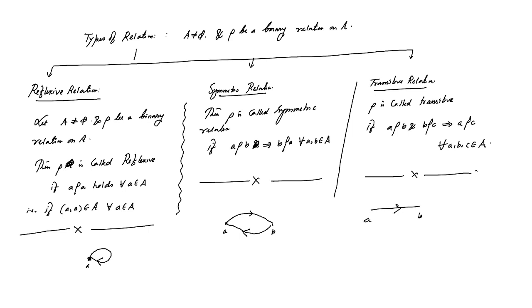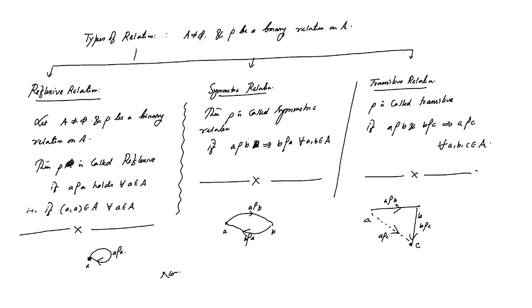If a is related to b and b is related to c, then you need to show a is related to c. So this part is a related to b. This is b related to c. This is a related to c. This part is a related to b. This is b related to a. And here a is related to a.